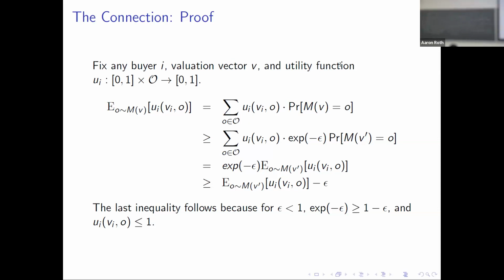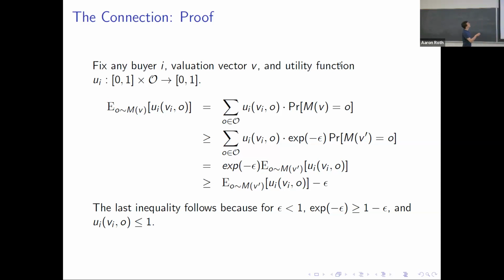Because e to the minus epsilon is at least 1 minus epsilon, and because the utility functions are bounded between 0 and 1, we can turn a multiplicative change of e to the minus epsilon into an additive change of epsilon. This is at least a multiplicative factor of 1 minus epsilon, and since the utility function is a number that is at most 1, losing a 1 minus epsilon factor is less than losing an epsilon additive term.